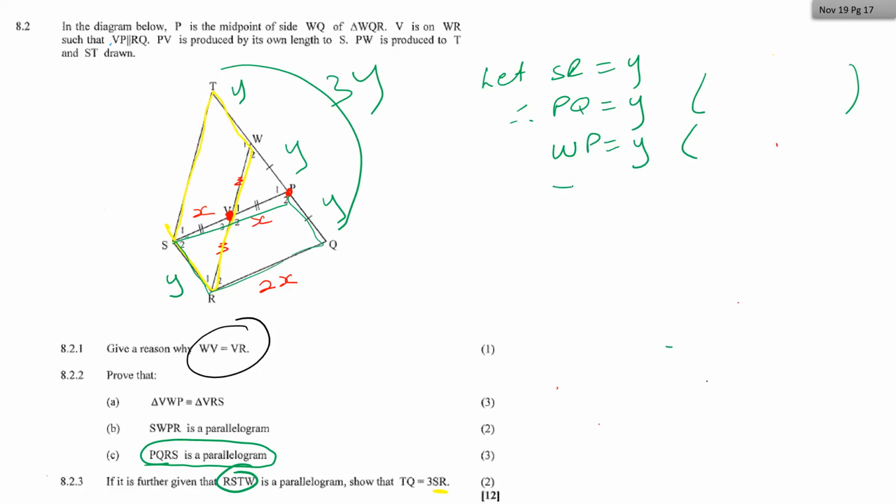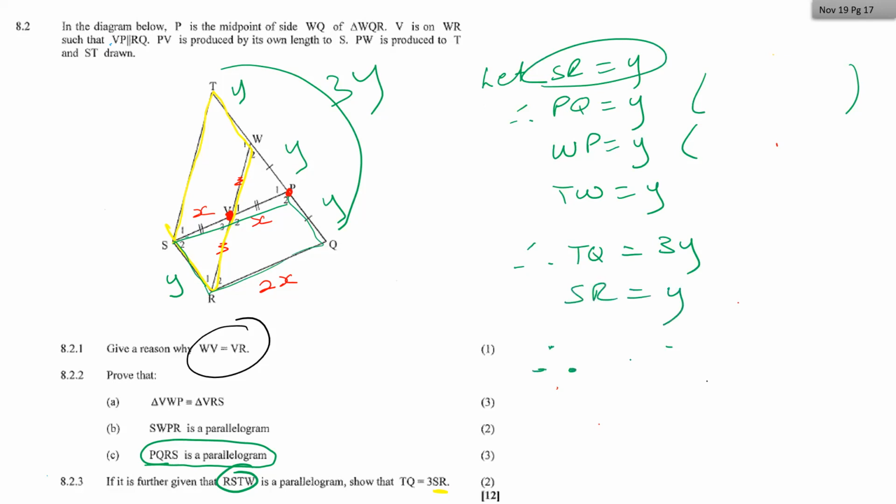And the last one you would say is TW is equal to Y. And that is opposite sides of a parallelogram are equal. So therefore, TQ is equal to 3Y. But remember, we started off with SR. SR was Y. And therefore, we can now say that TQ is actually equal to 3Y, and Y is SR. So there we have it. Our final conclusion on that one.